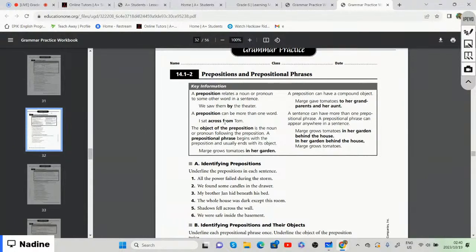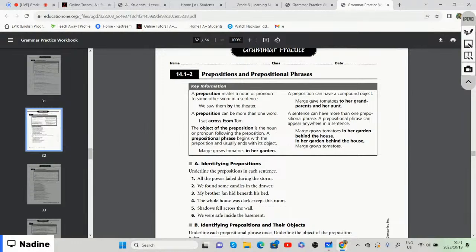Prepositions and prepositional phrases. So a preposition relates a noun or pronoun to some other word within a sentence. For example, we saw them by the theater.